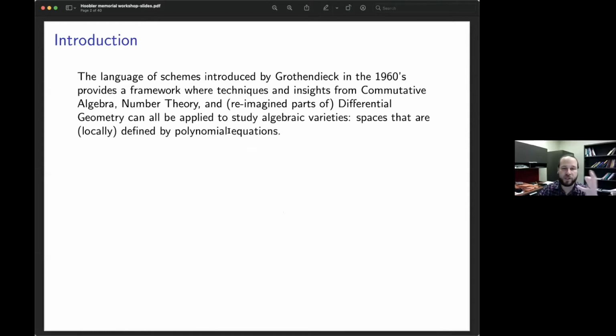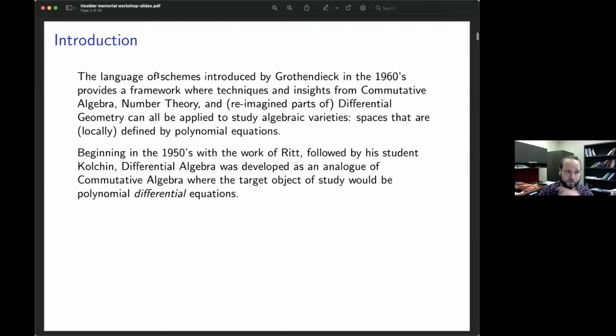And one way to do that is to think of those solutions as forming a space that you can kind of do geometry with. And the language of schemes is highly technical because it needs to be. Varieties are weird. And in that language, you can bring in a lot of different classical subjects to help you along in studying these objects.